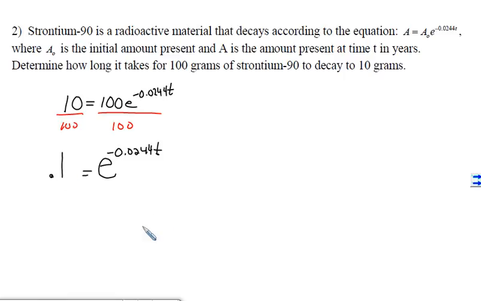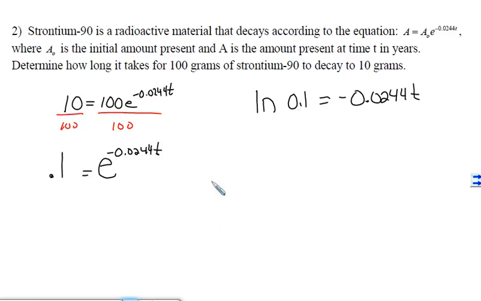We're going to do a rewrite at this point, so we'll get the natural log. Once again, because it's e, 0.1 equals the exponent, so negative 0.0244t.